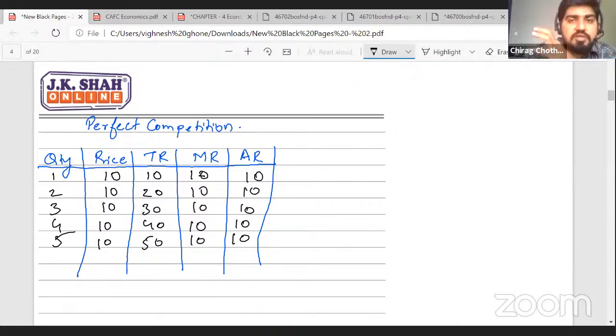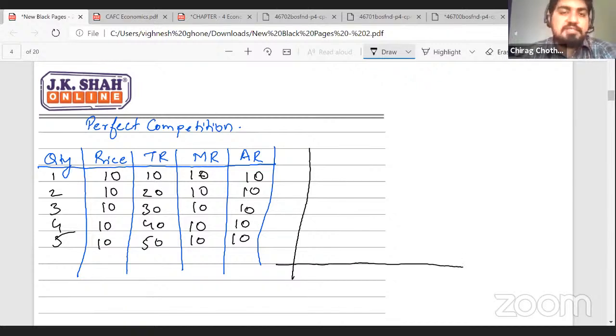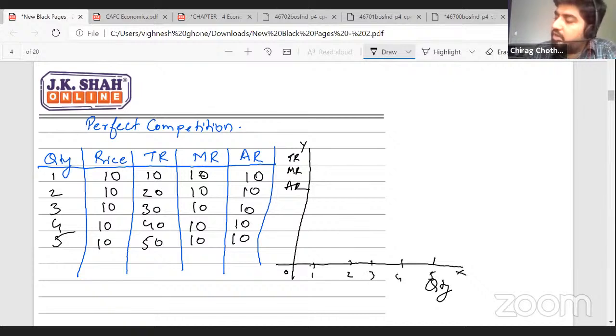Now if I want to draw the diagram, friends, you have a scale, you have a notebook, students, you have a pencil, you can do it very neatly. On the y-axis we are having TR, MR, AR. On the x-axis we shall be having quantity: 1, 2, 3, 4, and 5.